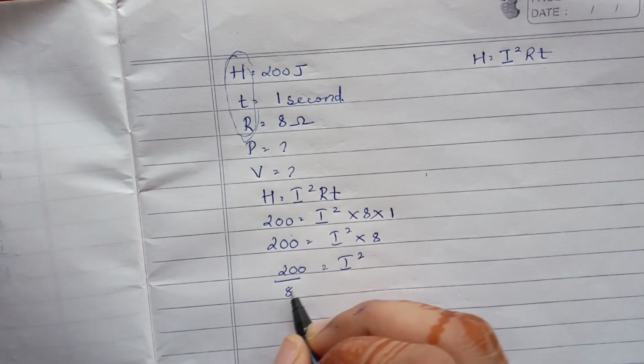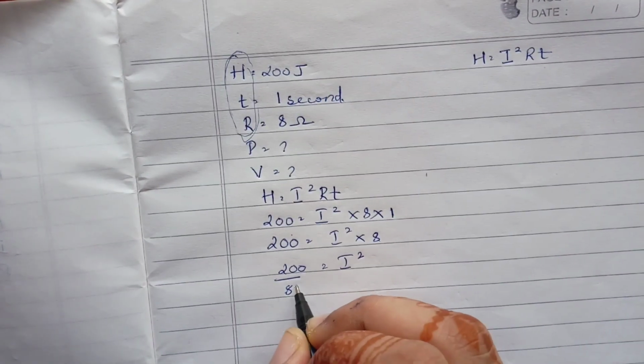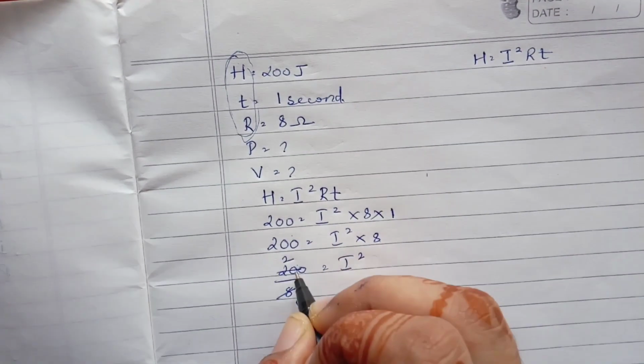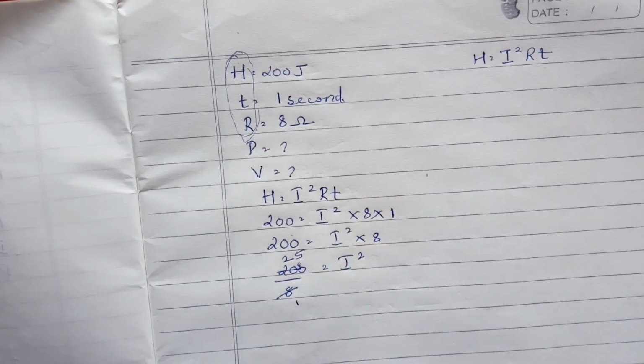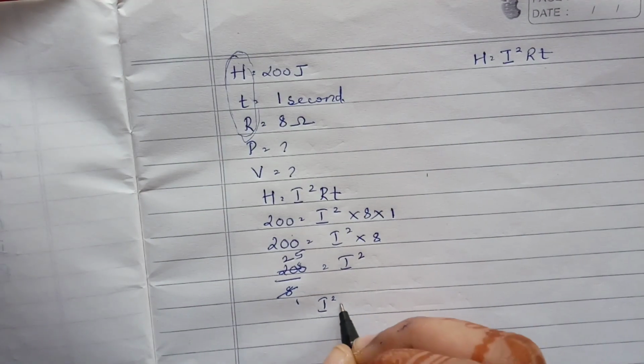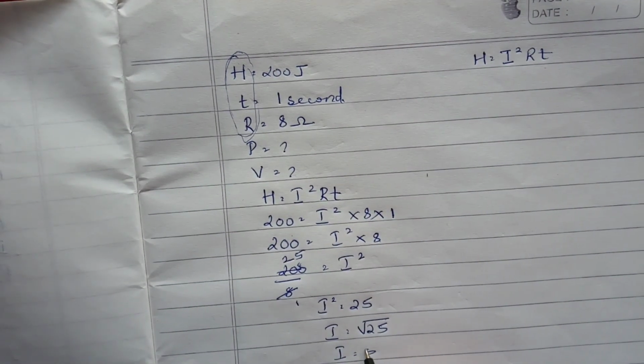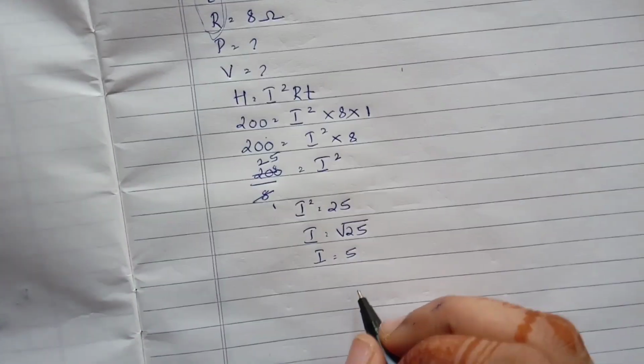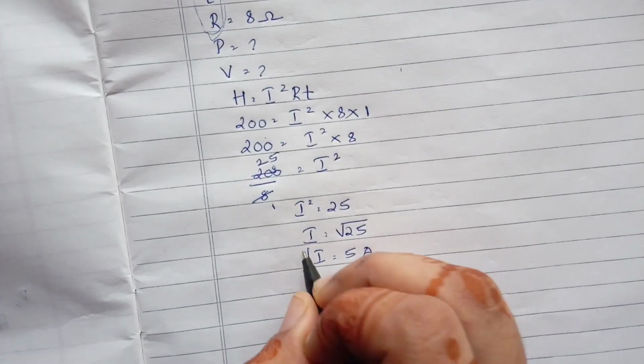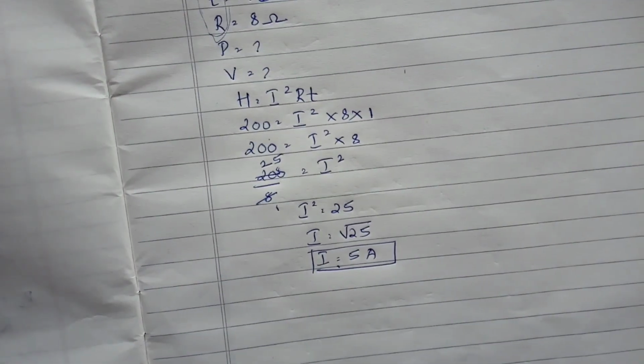I square. Let me cancel this down. Okay, 8 ones are 8. 8 twos are 16. 8 fives are 40. I square is 25. I will be root of 25, and that is nothing but 5. Since this is I, it's going to be ampere.